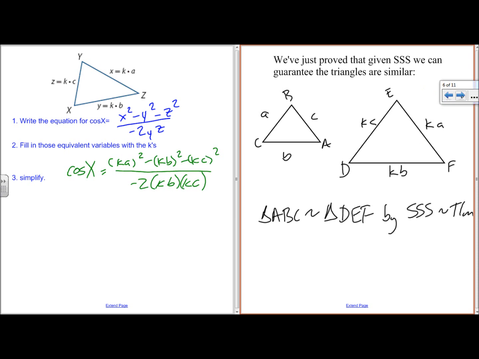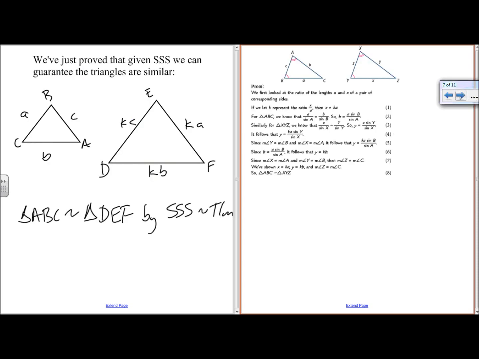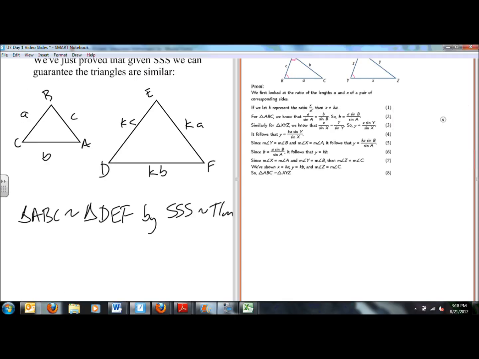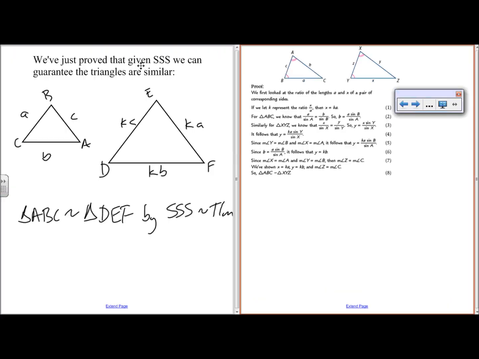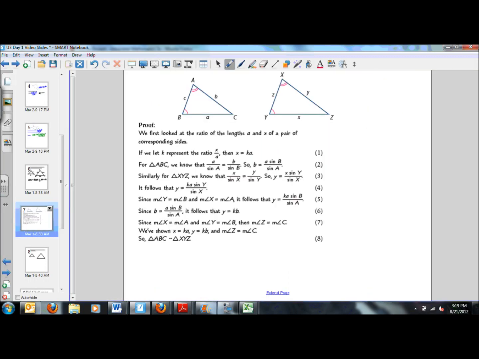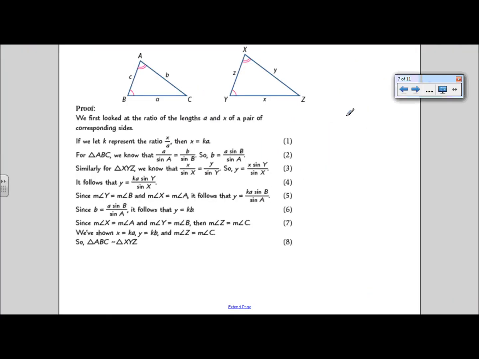Okay? Lastly, what I want you to try is this proof. Oops, excuse me. I'll go split screen here. This proof is in your book if you want to look from there on page 171. But what I want you to do is go through this proof and try and put reasons to the proof.